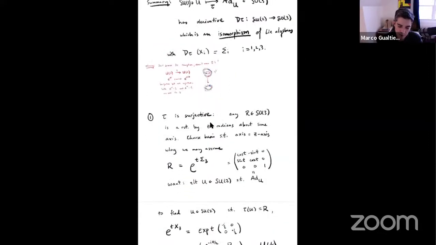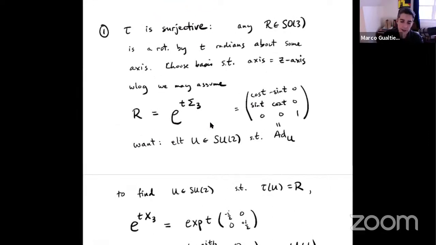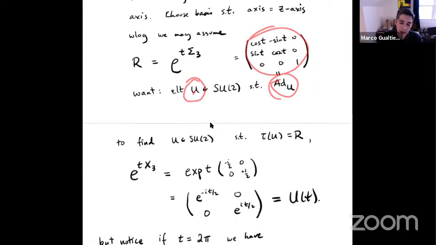Okay, so to show that it's surjective, we use the fact that any rotation can be written as the exponentiation of some axis. Basically, this is saying that every rotation is a rotation about an axis. And what we're looking for is a particular unitary element that has this as its conjugation operator. So what we do is take e^{t x3}, the same element in the Lie algebra corresponding to the one that we're trying to cover.